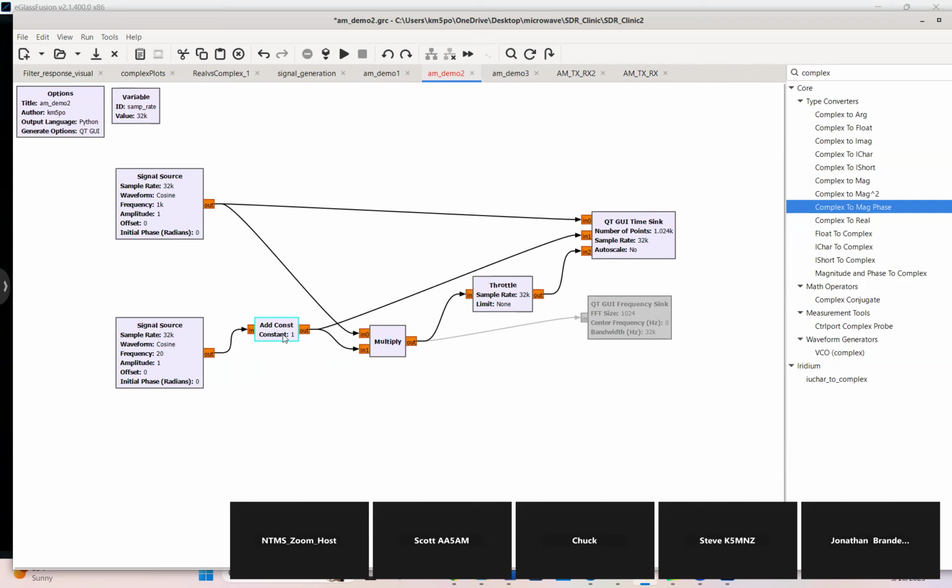If you don't have something going into this multiply, you're not going to have anything, and you're not going to have any carrier even. So because we have a simulated source here and it goes through this, it looks the way that it does instead of a modulating, like an audio waveform.